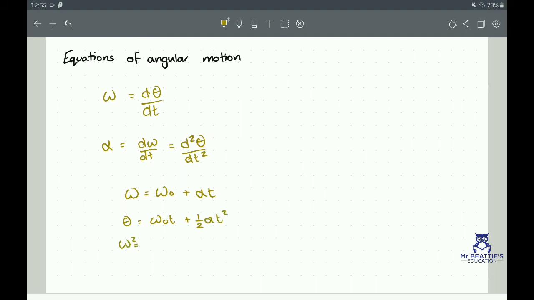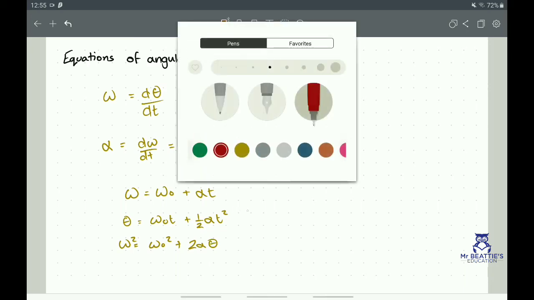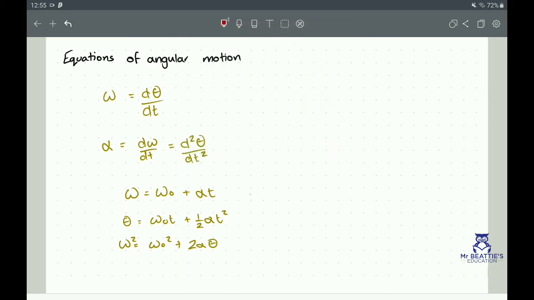And omega squared is equal to omega naught squared plus 2 alpha theta. If you compare these with their linear counterparts, you've got v is equal to u plus at, s is equal to ut plus a half at squared, and v squared is equal to u squared plus 2as.